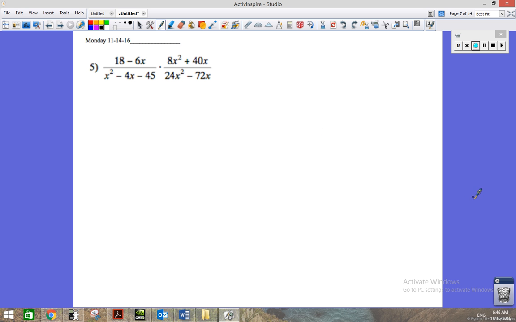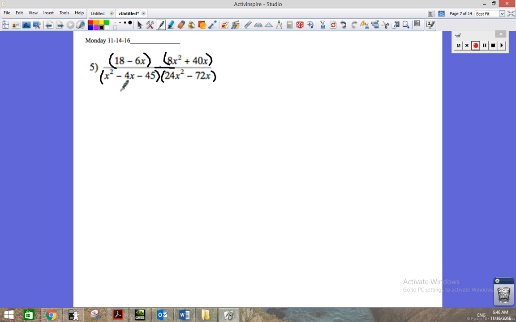Now, here it's getting a little more complicated. We have a binomial here times another binomial, and in the denominator we have a trinomial times a binomial. I'm just going to multiply straight across, so I'm going to write these two fractions as a single fraction if I multiply the numerators and denominators together.